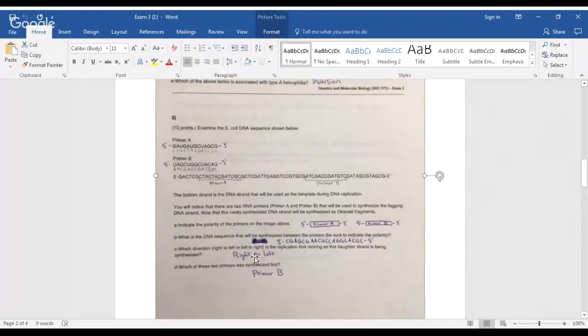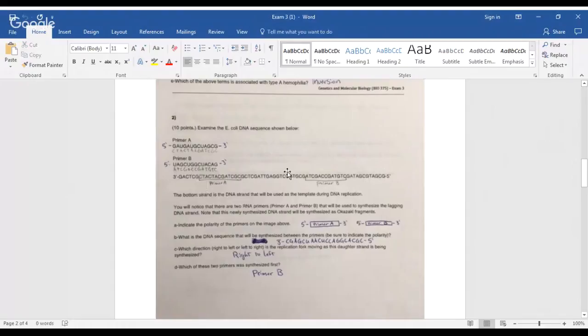For question C, it's asking us which direction the fork is moving. Well, because we are told that this is the lagging strand right here, we know that the replication fork is going to go this way because the leading strand goes from 3' to 5'.